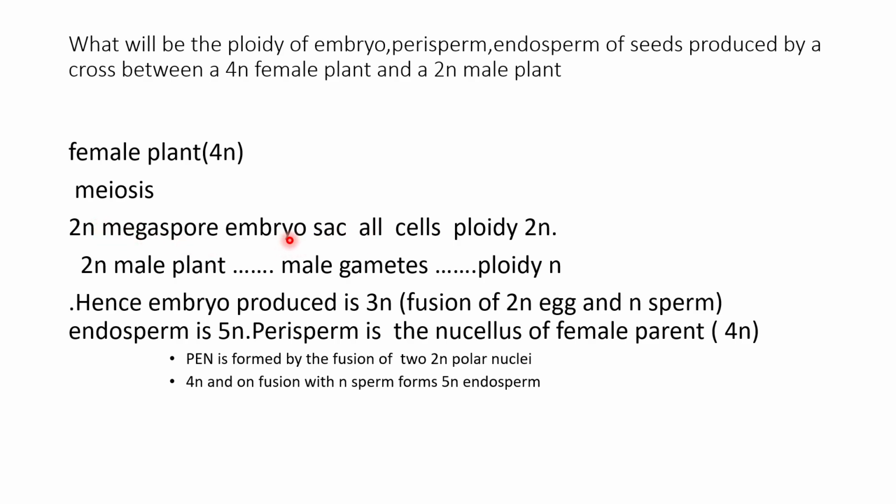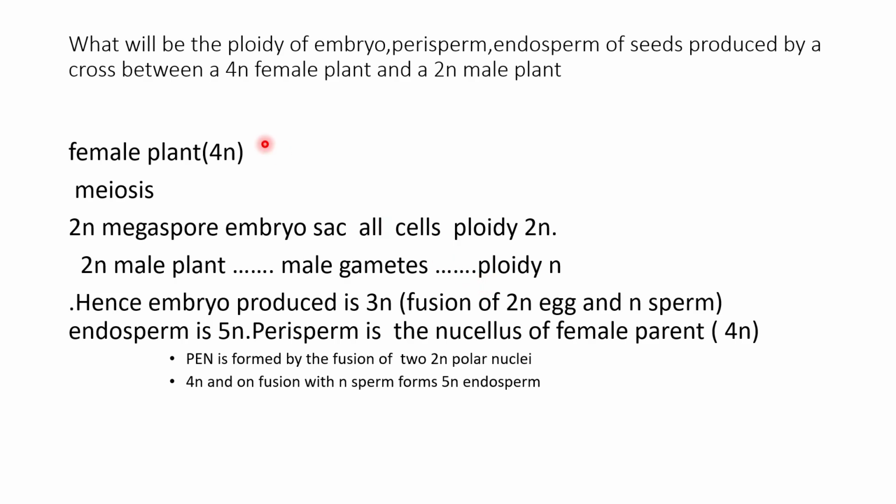So all the cells inside the embryo sac will have 2N. Now coming to the male plant, since it is a diploid male plant, the chromosome number will be N. It gets reduced to half after meiosis.